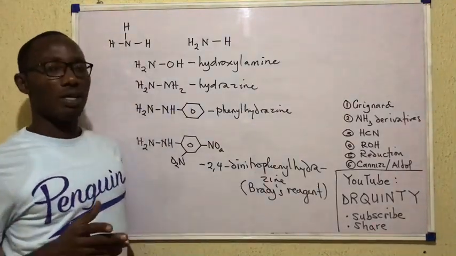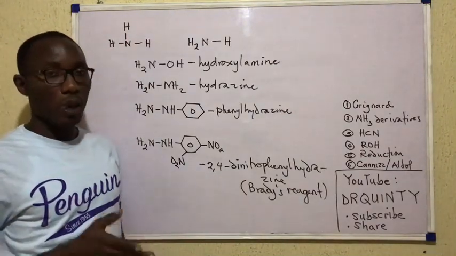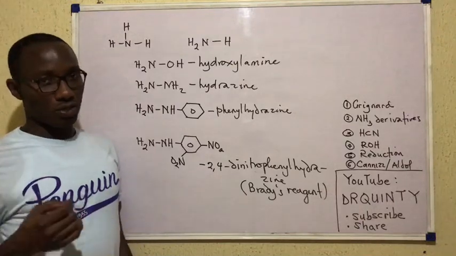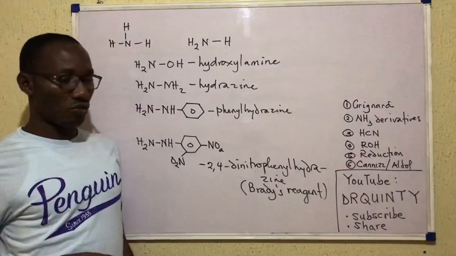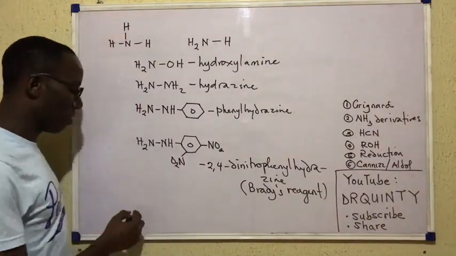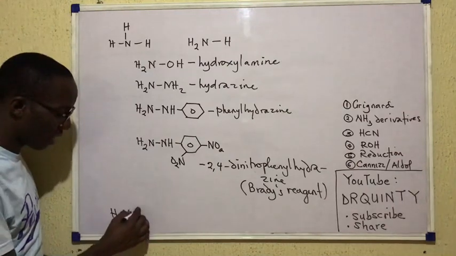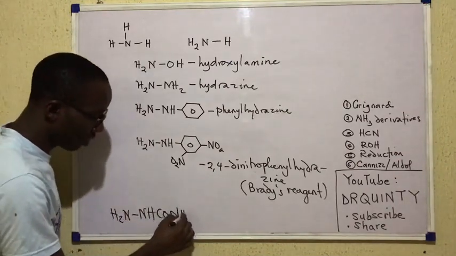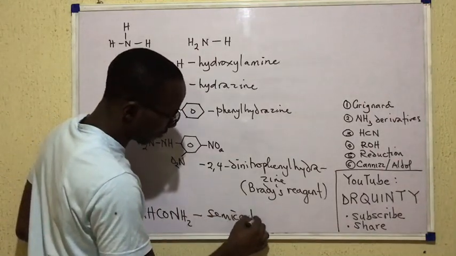And I remember telling us that it's possible to differentiate alkanals and alkanones from other organic compounds. This is the reagent we use. So if we were to differentiate carbonyls from other organics, we use Brady's reagent. This last derivative of ammonia I'm going to put here is H2N, NHCONH2. That compound is called semicarbazine.